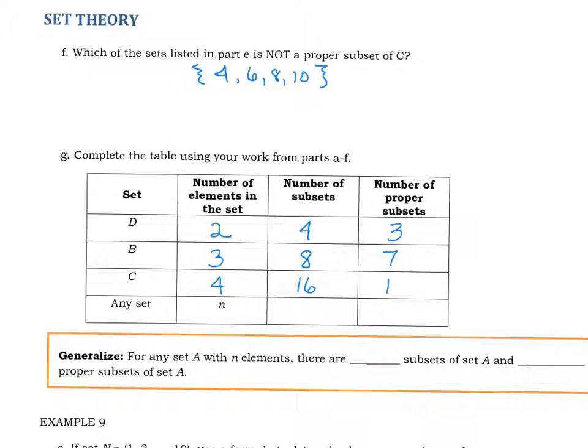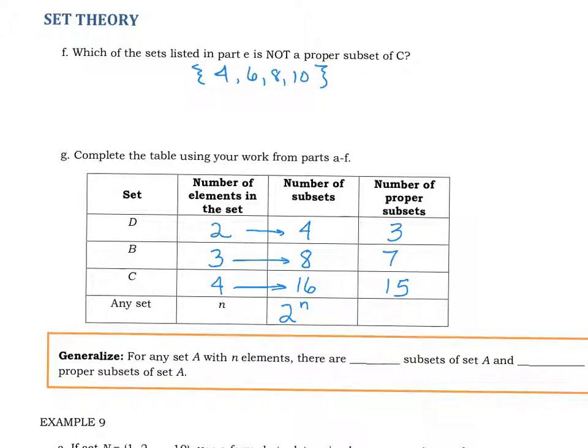So if we could generalize this, any set that has an n number of elements, we'll think, how do we get from 2 to 4, 3 to 8, 4 to 16? It looks like it's going to be 2 raised to the number of elements in that set, so to the n power.